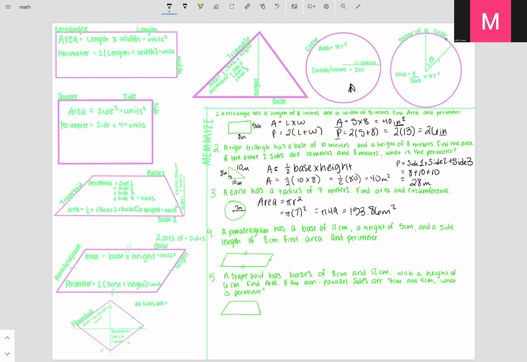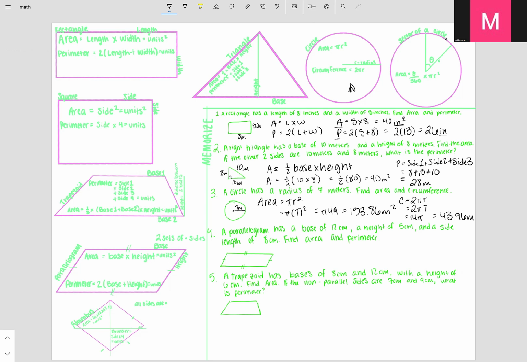And this is the kind of problem that you would have the on-screen calculator for. And circumference equals 2 pi r, which equals 2 pi times 7, which equals 14 pi, which equals 43.96 meters.